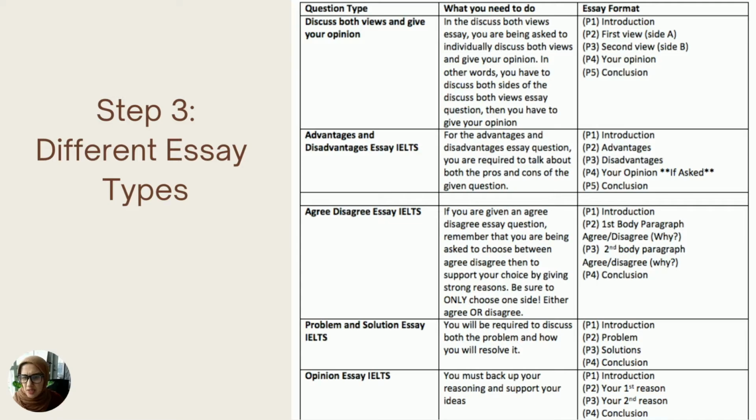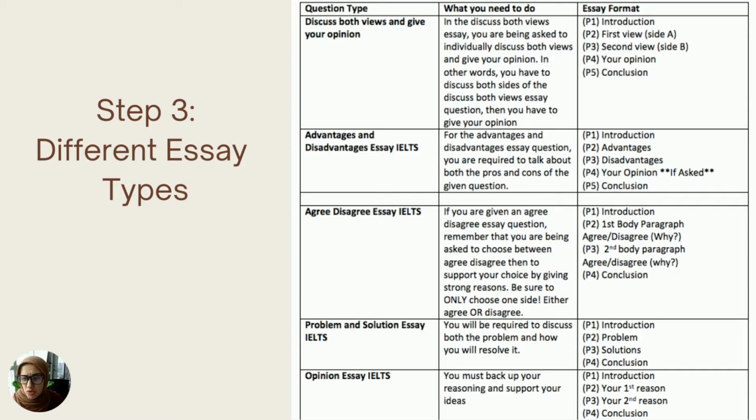Now, for the agree disagree type of question, you are being asked to choose between agree or disagree. So you have to make one choice, whether you agree with the question or you disagree with it, and you have to include strong reasons or support your reasons with backing up your evidence.